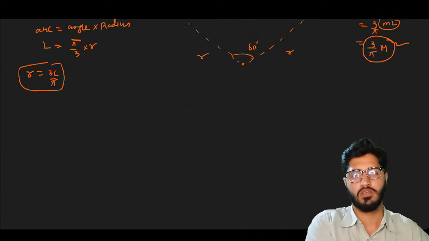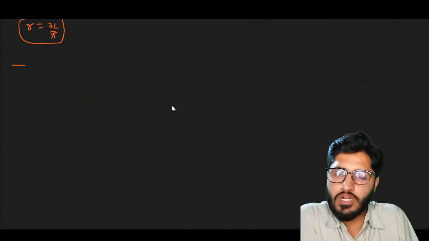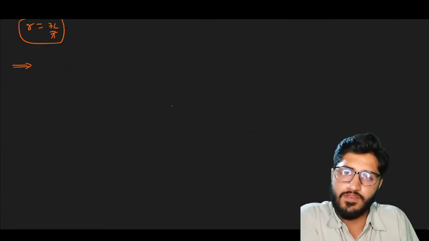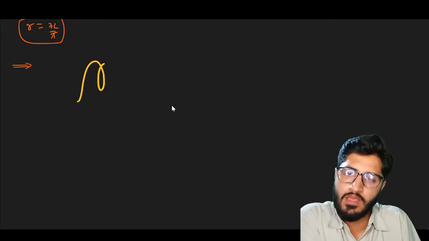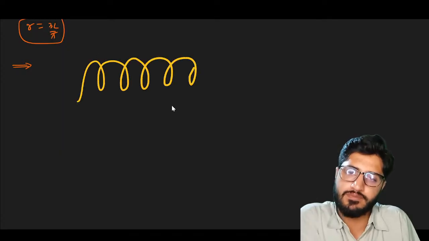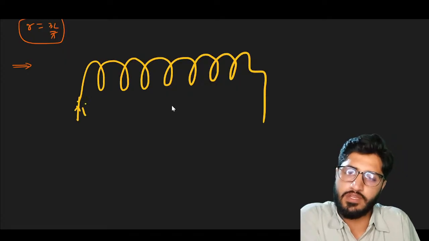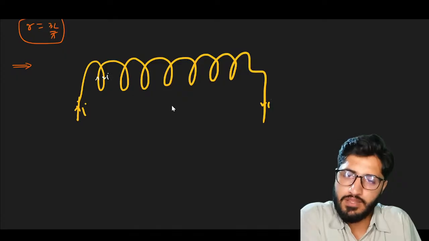Okay. So if we are having now a solenoid, look, a current carrying solenoid, current I is flowing. Look, current I is flowing.